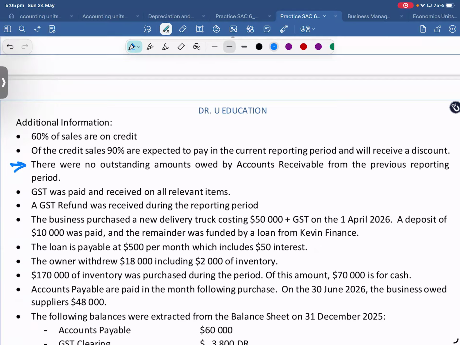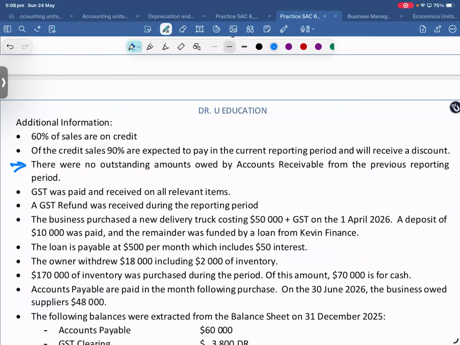Yes, correct. So that means we didn't have something in the previous reporting period. Technically, what percentage should we have received from the previous sales? 10%, yes, plus GST. So whatever accounts receivable we had at the beginning of this period, we would have received in this period.